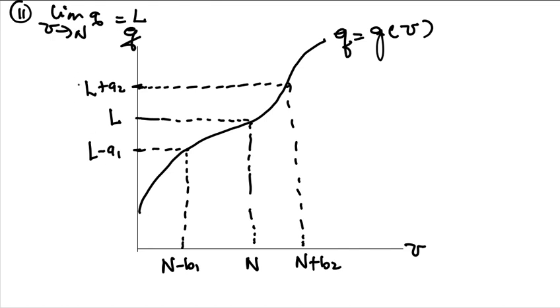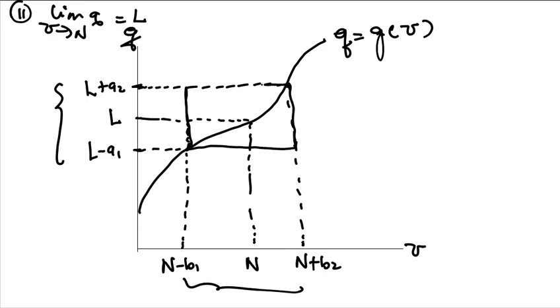Now, the first neighborhood is this, and the second neighborhood is this. You can see clearly here, if we join these dashed lines, then we can create a rectangle.